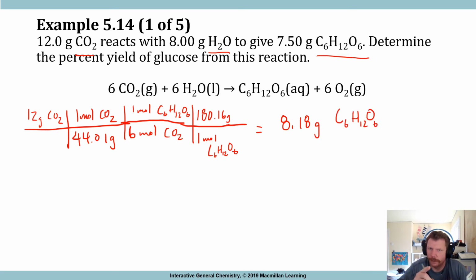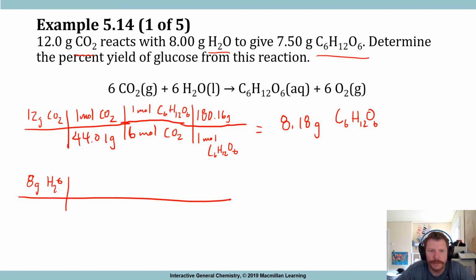C6H12O6. Okay, now is this the number that I'm going to use? I don't know. What I do need to know though is basically, is this amount lower than the amount with my other option? My other option is 8 grams H2O.